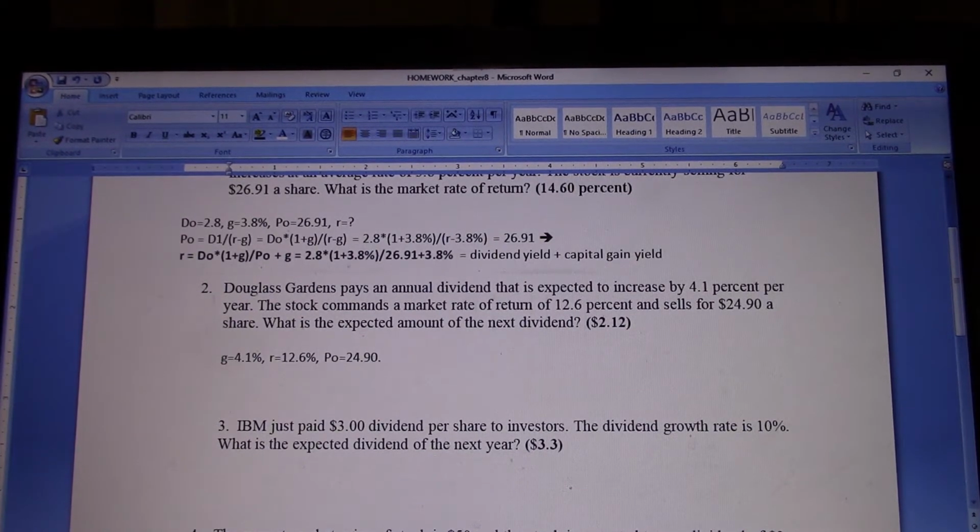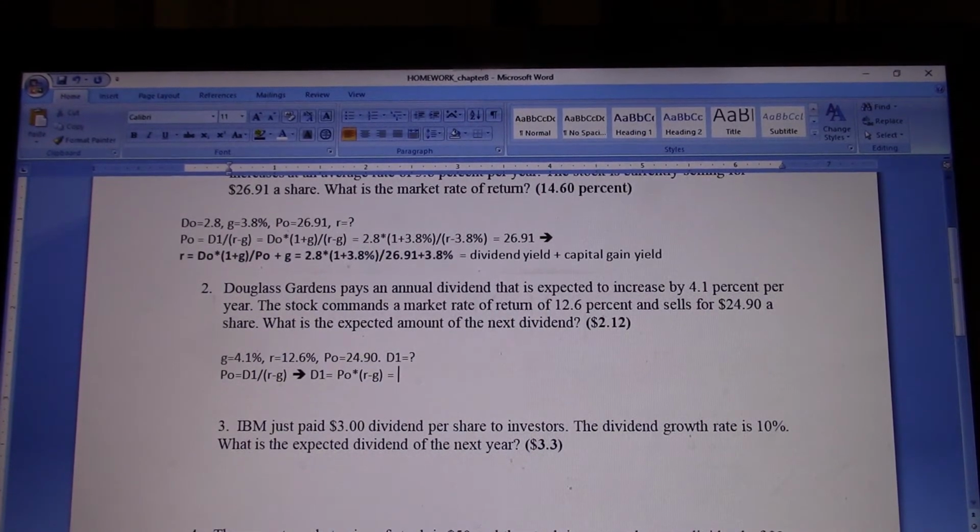It's asking for the next dividend, D1. How much is D1? We can also start from the equation: P0 equals D1 over R minus G. We can derive the equation for D1: D1 should equal P0 times R minus G.